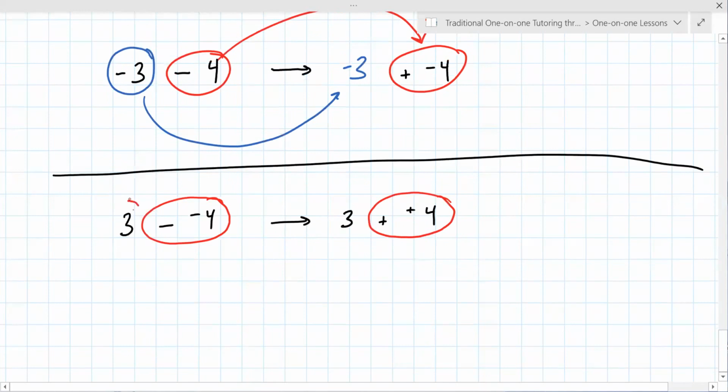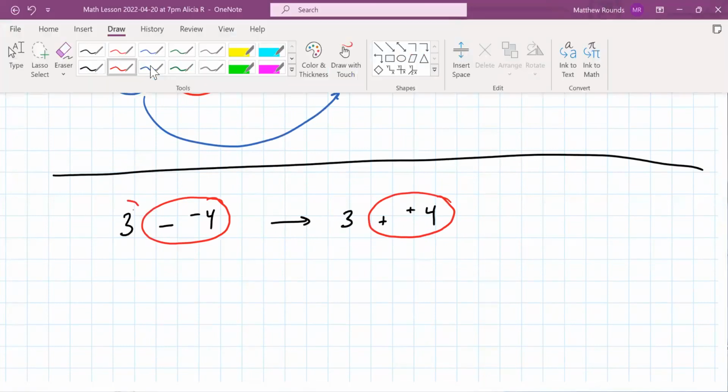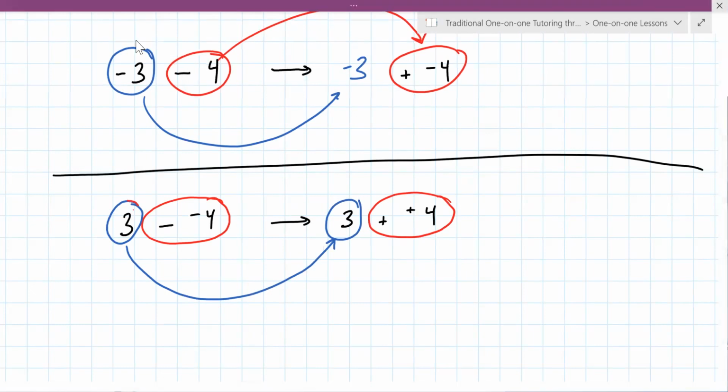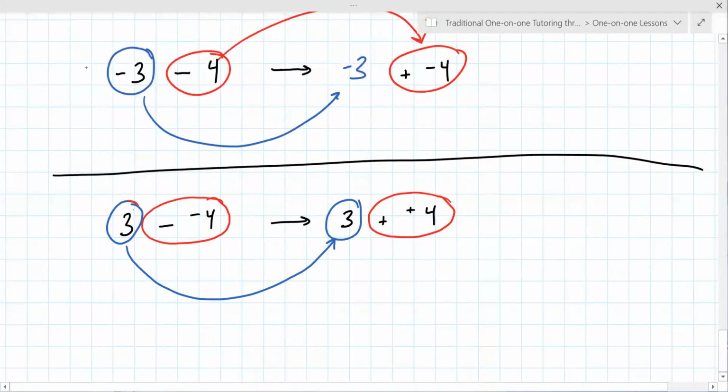Now it makes sense because I'm seeing that negative 4, and because it's a negative 4, it's going to be positive. But if it's only one negative, it's going to be the negative, but it's going to be a plus. But if it's two negatives, it's going to be a plus plus. Yes. Oh, I didn't see that. Yes, that's very important. Perfect.